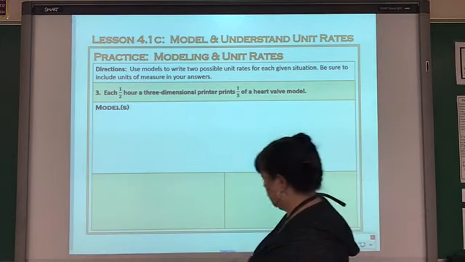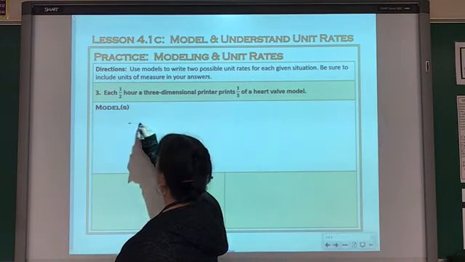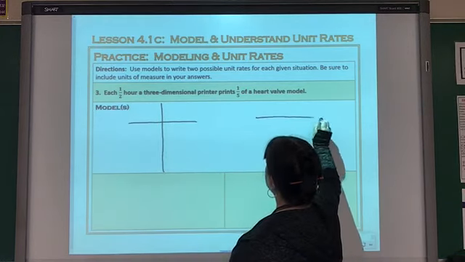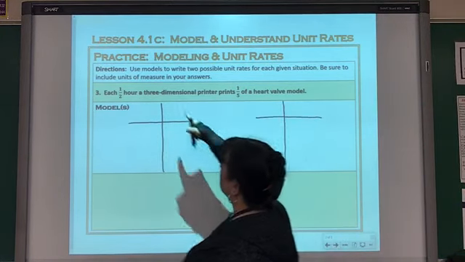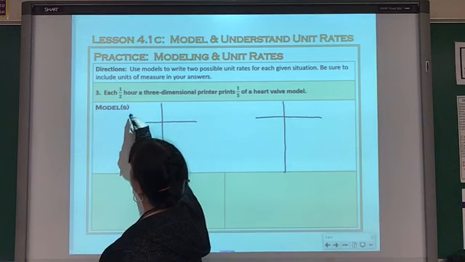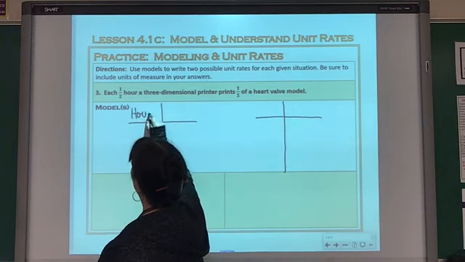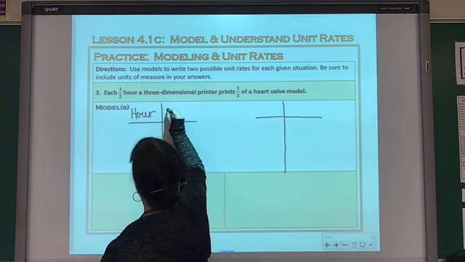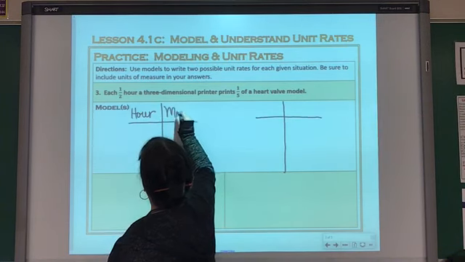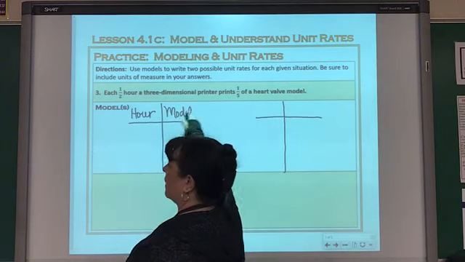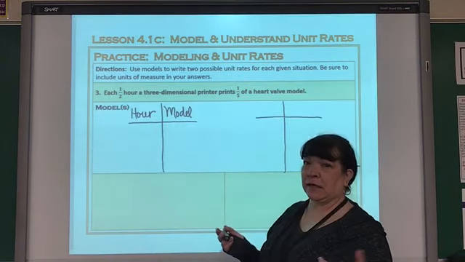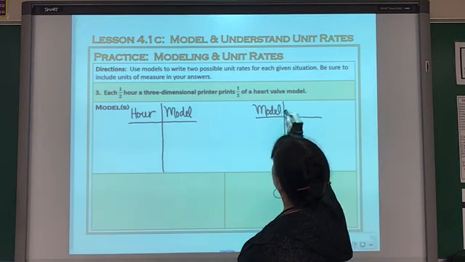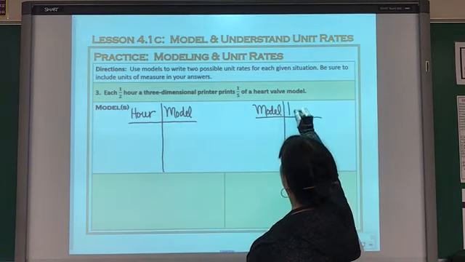Okay, so we are going to do our 2 tables, and we're going to go with our time of hours, and we're going to go with the model. I could write heart valve model, but that would kind of be taking up a lot of space. Over here, I'm going to just replace one for the other.